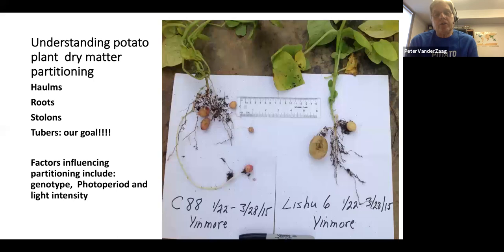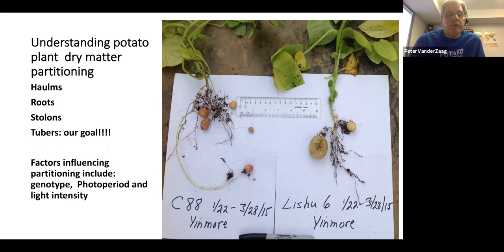So we are going to try to understand how the partitioning of dry matter takes place, where it's produced in the leaves, why it first produces more leaves, produces more roots, then it starts to produce stems or stolons, and finally it starts to produce tubers. And what triggers these different growth phases of the potato plant?